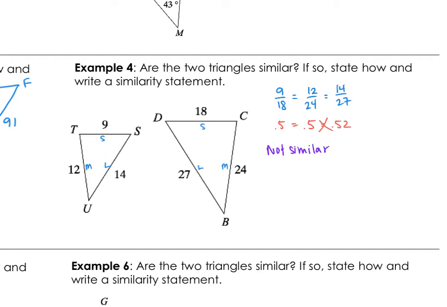And then you need to state why. Well, they're not similar because the sides are not proportional. So in order for these to be similar, this last ratio right here would have to be 0.5. But since it doesn't, we would say that they're not similar.